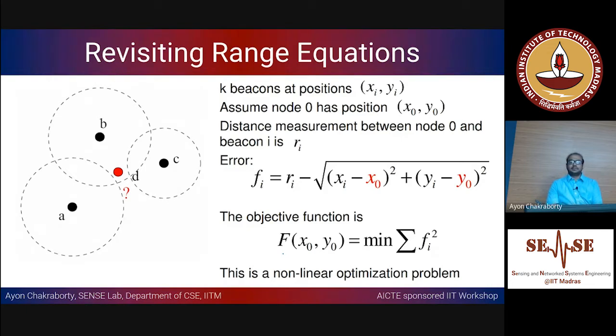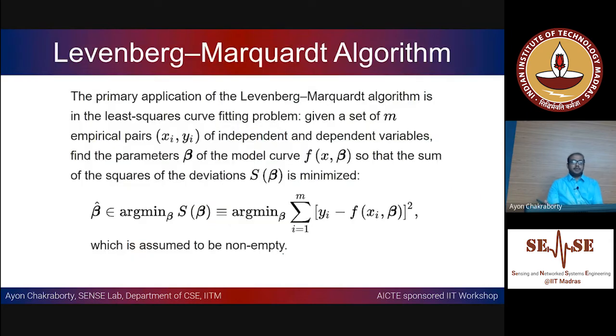Okay, so how to do it? One algorithm that we have is known as the Levenberg-Marquardt algorithm. So what exactly is this? We'll often call it LM, since it is complicated for us to pronounce all the time.